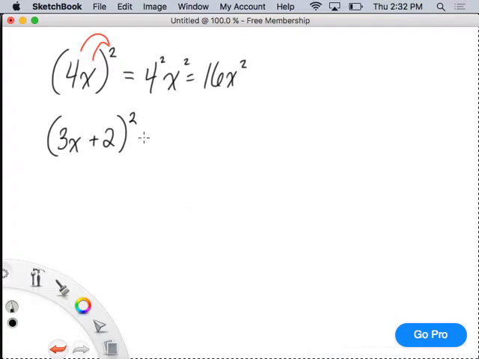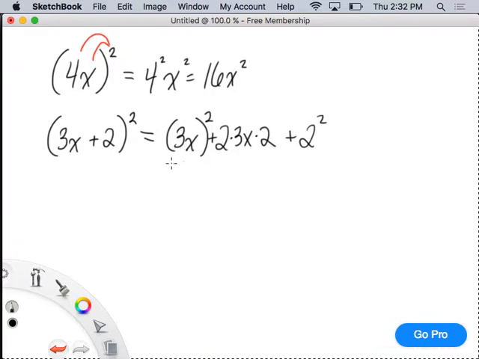Okay, I square the first, square the last, multiply and double, so 2 times 3x times 2.